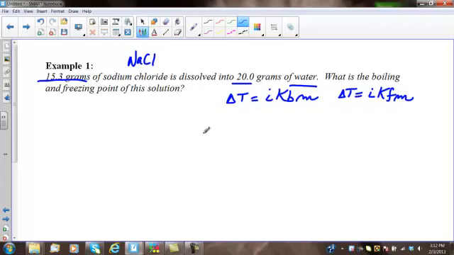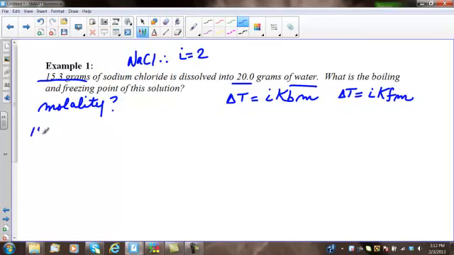So in order to use this, we need to know the Van't Hoff factor. Well, we said it was NaCl, so therefore your i is equal to 2. The Kb and Kf we just saw on the chart. So the only other thing that we need is molality. We need molality in order to proceed.